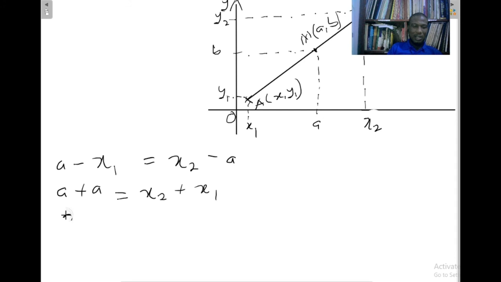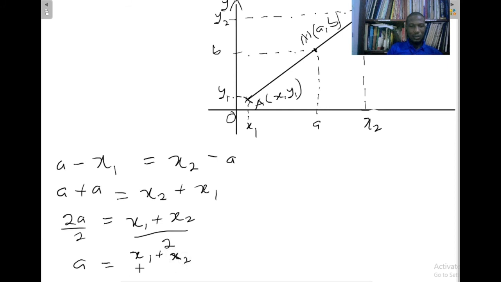And A plus A is 2A being equal to x1 plus x2, just because I want to write x1 first, and addition is commutative as well. So when we divide both sides by 2, our A is going to be x1 plus x2 all over 2.